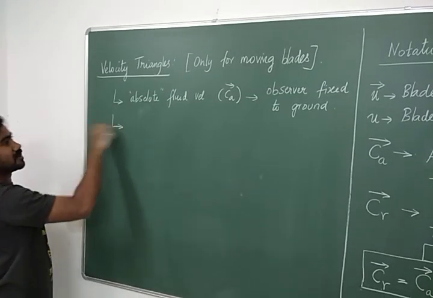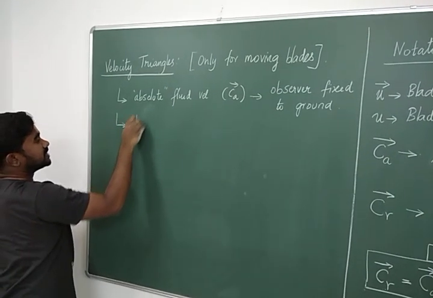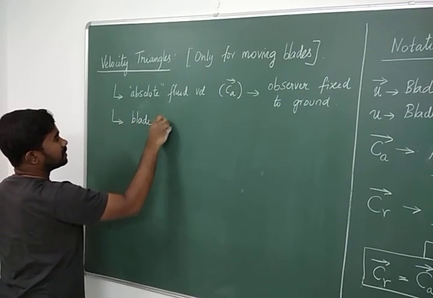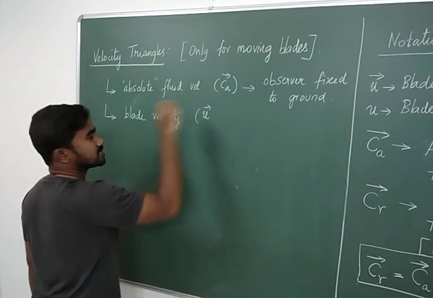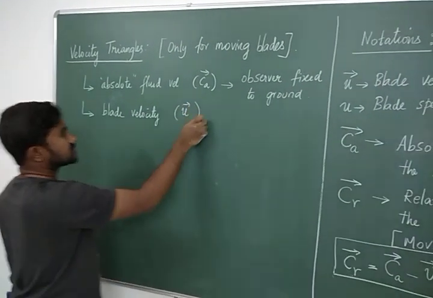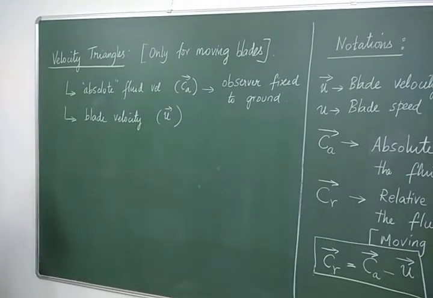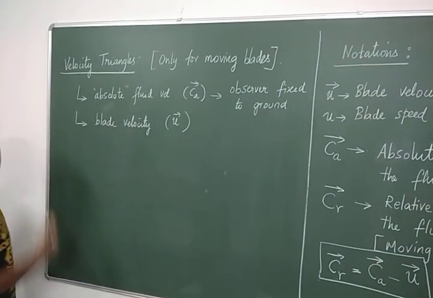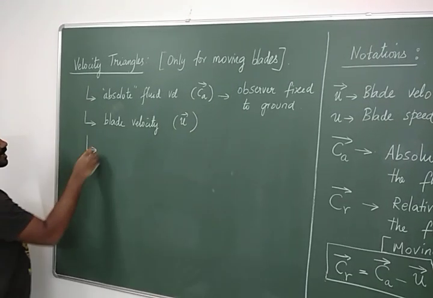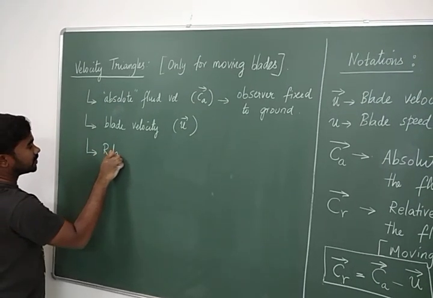Now there will be a second velocity, the blade speed. There will be a blade velocity, which we call the u vector. This is nothing but the velocity of the blade. The blade itself is a moving component, so its velocity will be u. There will be a third velocity, the relative fluid velocity.